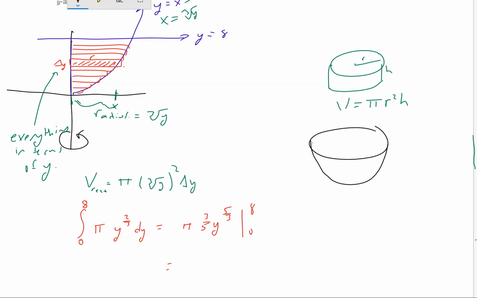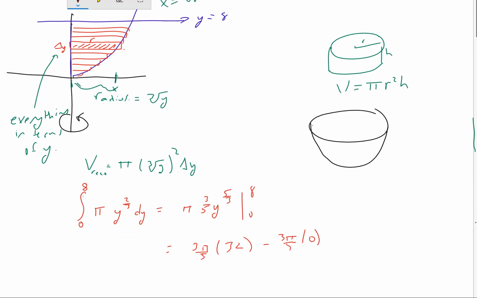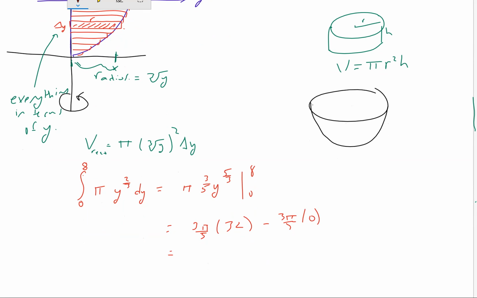That's 3 pi over 5 times 8 to the 5/3, and 2 to the 5th is 2, 4, 8, 16, 32, minus 3 pi over 5 times 0. So that's just going to be 96 pi over 5, which is the volume for that solid.